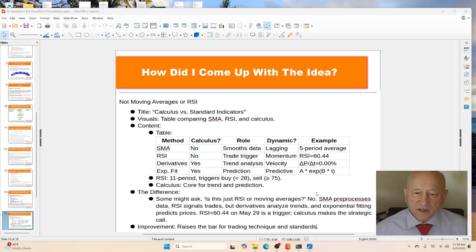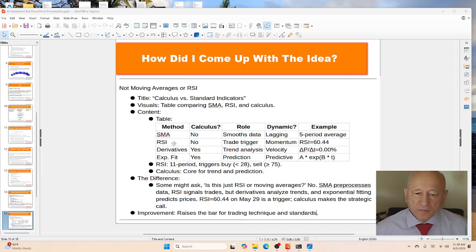Here I make a comparison with the trade chart, pointing out that the calculus is a better instrument than just SMA, simple moving averages, or relative strength index, because it has the advantage of highly precise calculus performance using derivatives and exponential fitting.